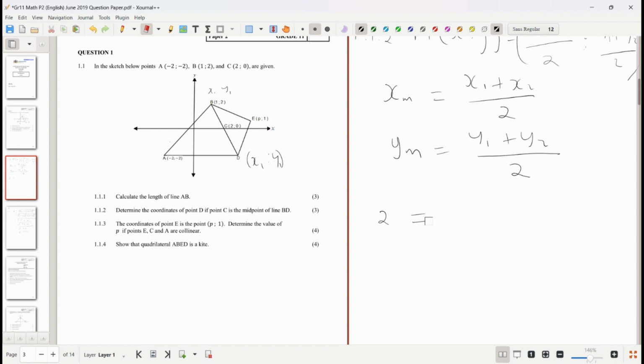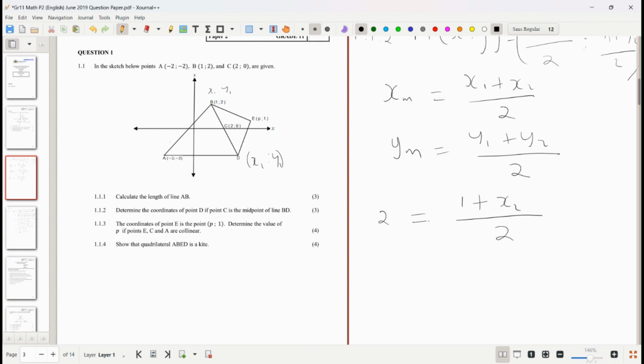What is our x1? Yes, we have x1. x1 is 1 plus x2. Do we have x2? No, we don't have x2. This is what we are looking for, so we write x2 here, all divided by 2.